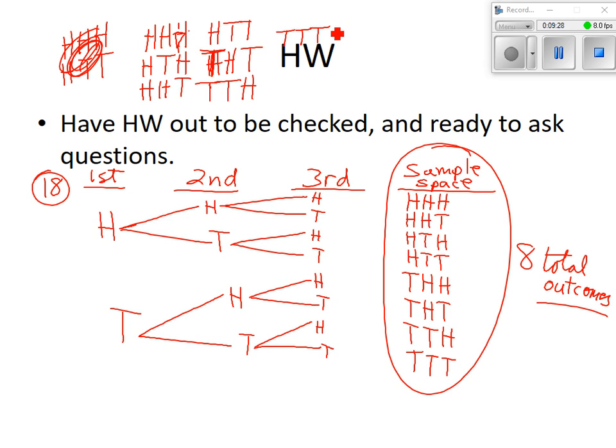I only got 7. Tails, head. So I missed that one over here. A lot of times it might be better to draw a tree diagram and come up with them. Other questions?